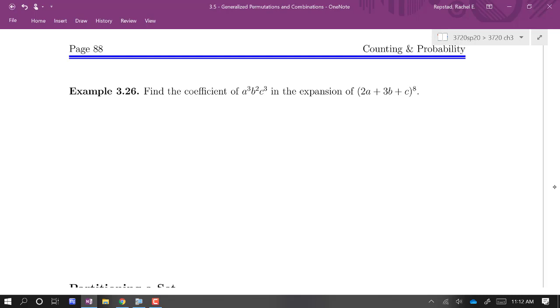So to get an a cubed b squared c cubed, that means that we want 3 of the 2a's. We want 2 of the 3b's, because that's a b squared. And we want 3 of the c's.